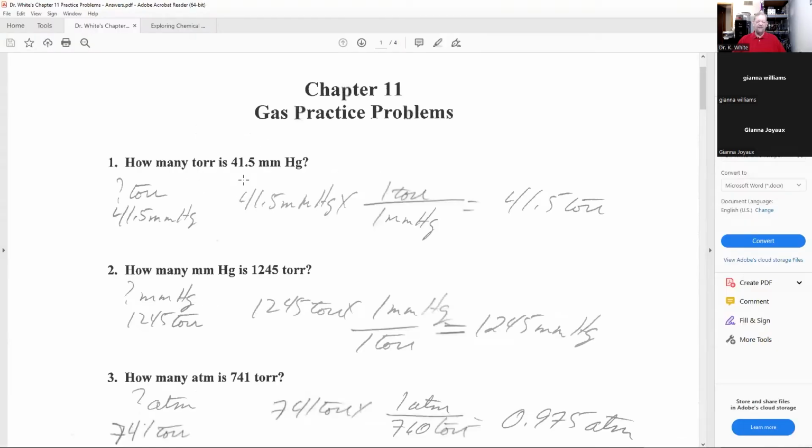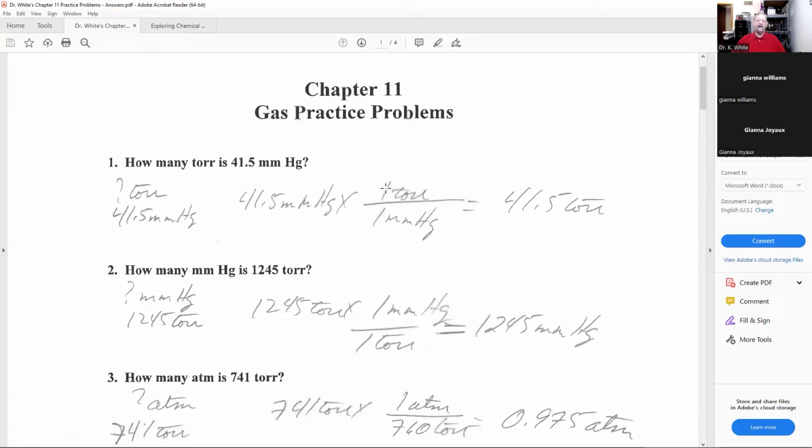Let's go through some of the key things that you should know. How many torr is 41.5 mm Hg, millimeters of mercury? We're trying to find torr, and we're starting with millimeters of mercury. Whatever you're trying to get to goes on top of the ratio, and whatever you're trying to get rid of goes underneath.